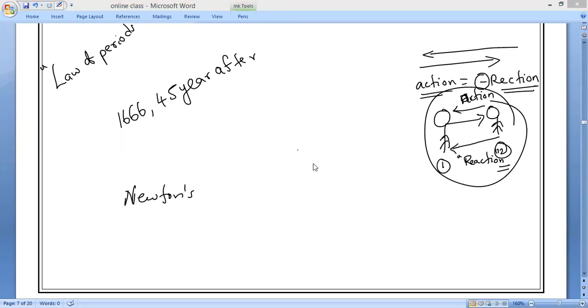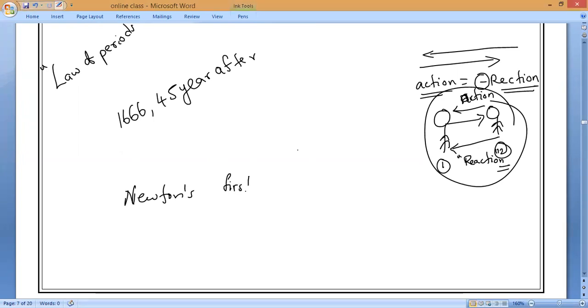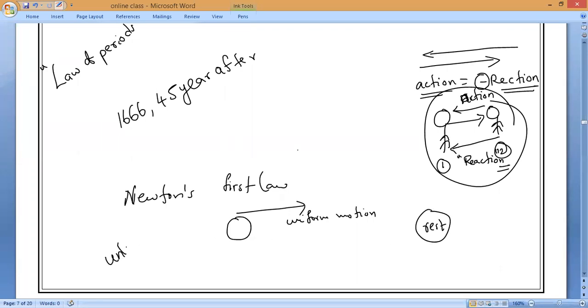You can understand. Newton's first law says that, okay, I have two bodies. One body is in uniform motion and another body is in a state of rest. Unless an external force is applied, is it possible to bring this body to rest?